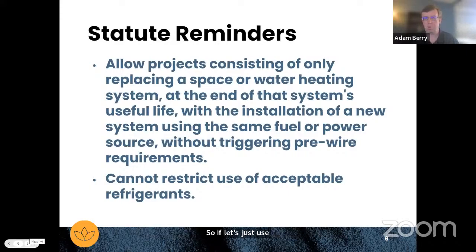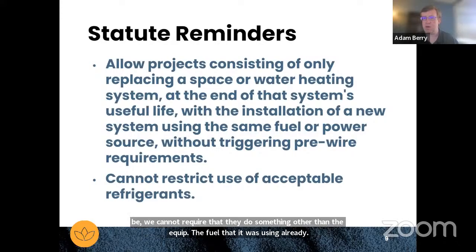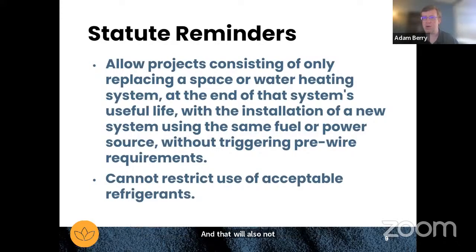If you have a home where the gas furnace goes out at the end of its useful life, this code cannot require that person to replace that equipment with something other than a gas furnace, whether that's electric or propane or whatever it may be. We cannot require that they do something other than the fuel that it was using already. And that will also not require that equipment to be pre-wired.